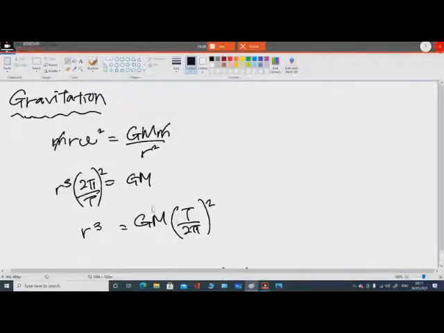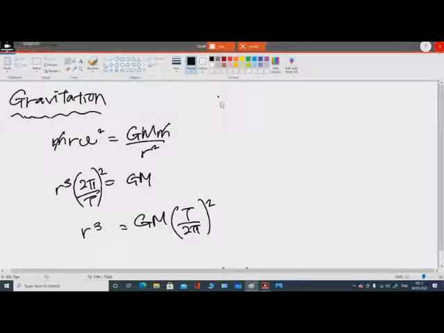So from this formula, we can see the variation between the radius and the period of revolution. This r will be our distance between two planets, or one planet and one object.